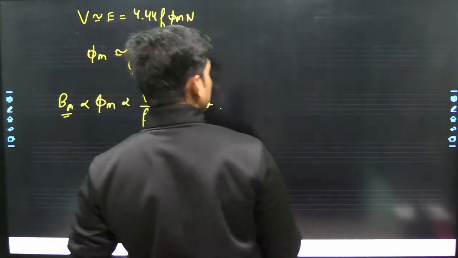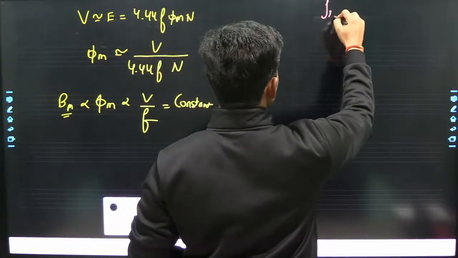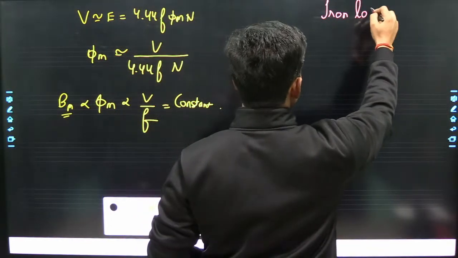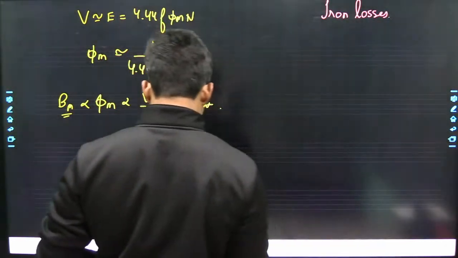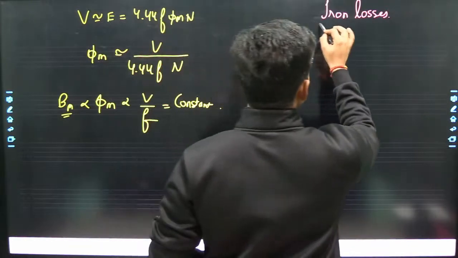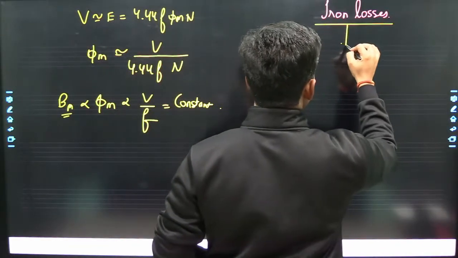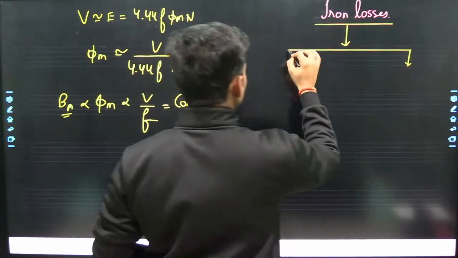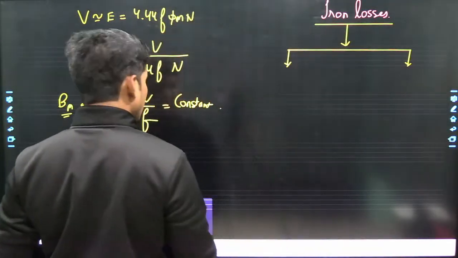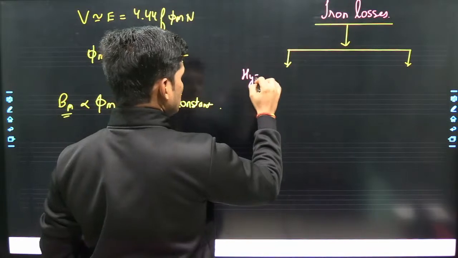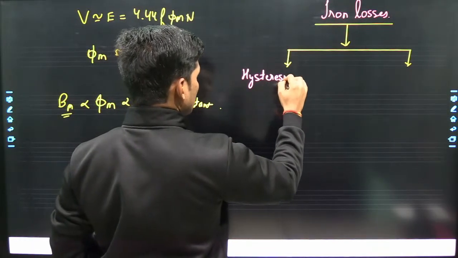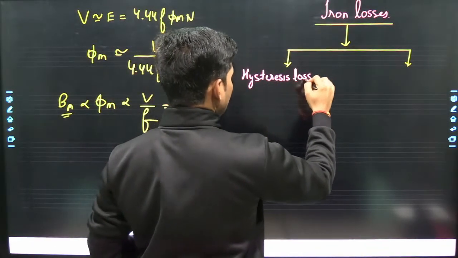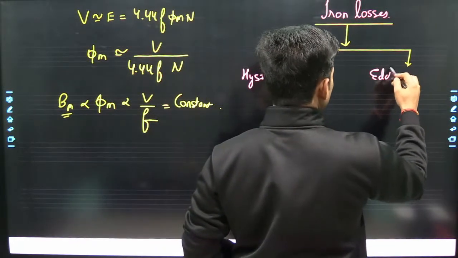The formula for hysteresis and eddy current loss: iron loss consists of two losses, that is hysteresis loss and eddy current loss.